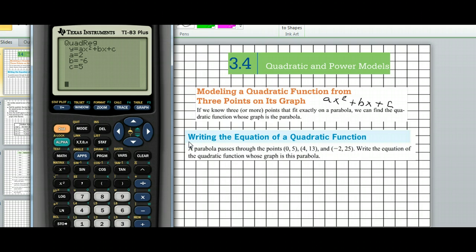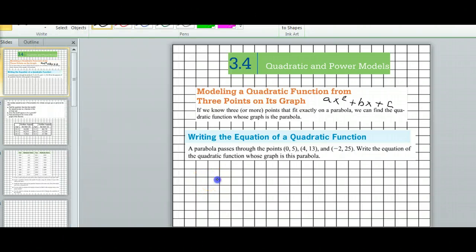So that means that our parabola, the graph of the quadratic, the equation would be a is 2, so 2x squared minus 6x plus 5.